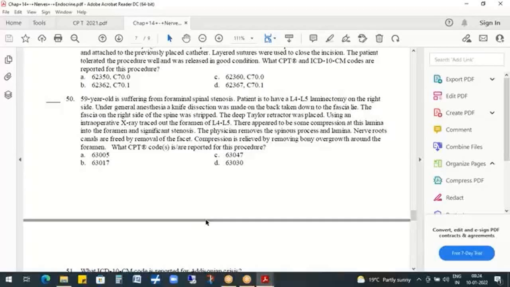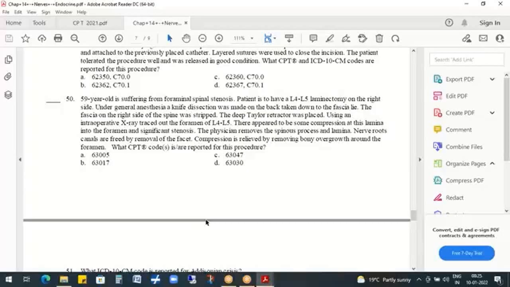The physician removes the spinous process and lamina. The nerve root canal was freed by removal. It indicates clearly what the code is: 63047. Like that we need to understand.